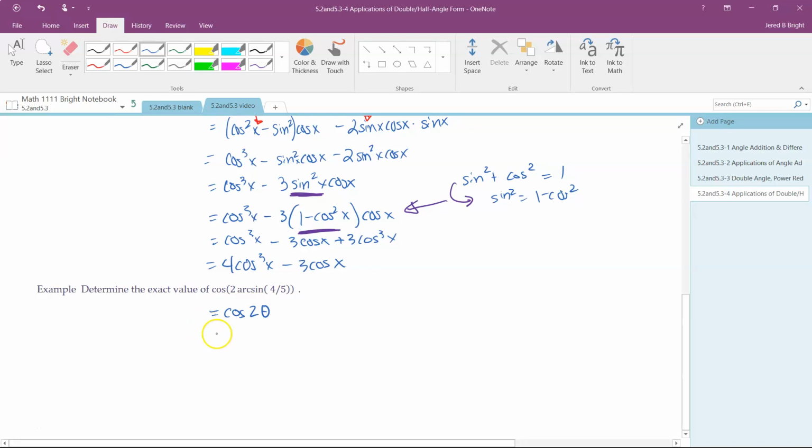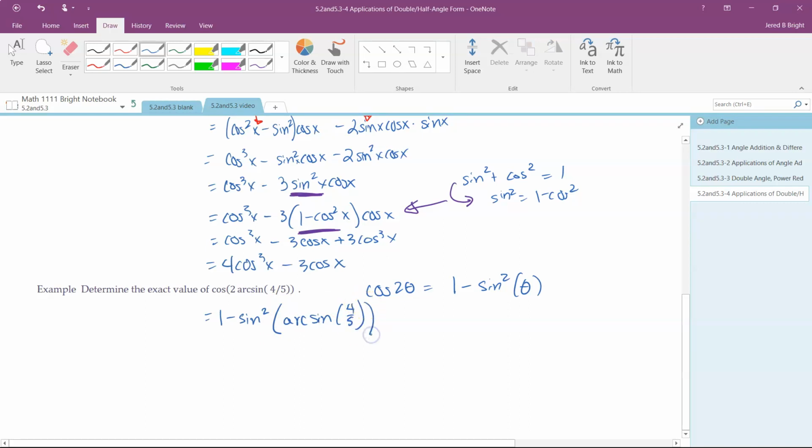We can say that cosine 2 theta is the same as, well, we can maybe try this identity, 1 minus sine squared of theta, right? So we can say that this is the same as 1 minus sine squared of arcsine of 4/5, right?